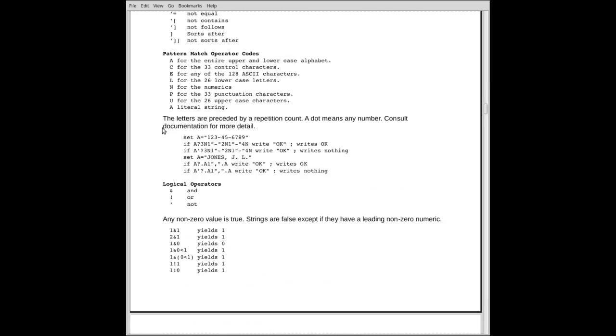Okay, these are the pattern match codes that they put in the original version of Mumps. A stands for the entire upper and lowercase alphabet, C for the control characters, E for any of the 128 ASCII characters, the entire ASCII universe, then lowercase, numerics, punctuation, uppercase, and a literal string.